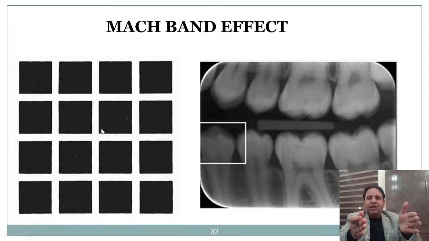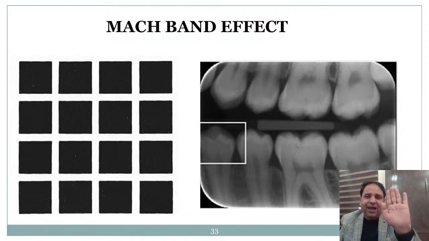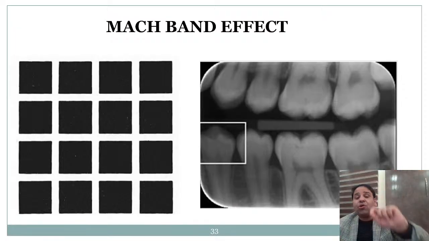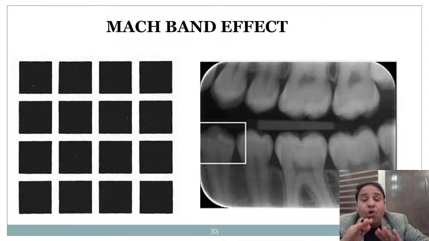If you see carefully on those black boxes, between these black boxes you will see grayish areas, right? Now that is Mach band effect. Sometimes on the dentino-enamel junction. Cervical burnout was seen at CEJ, which was an actual phenomenon. Mach band effect is seen on the dentino-enamel junction, which is an optical illusion where our eyes perceive that caries is present at the dentino-enamel junction, but actually it is not there.